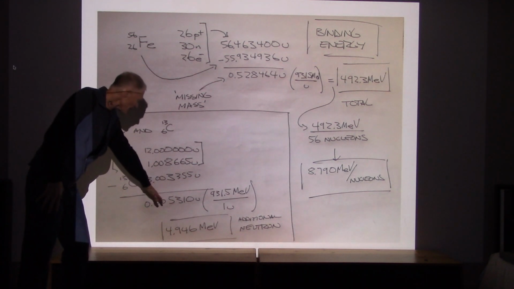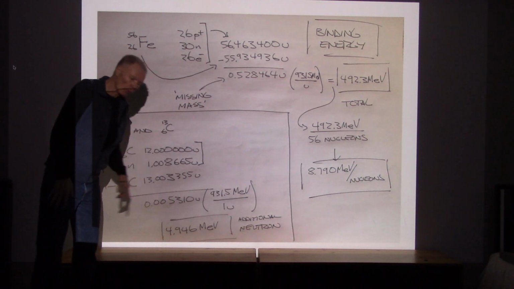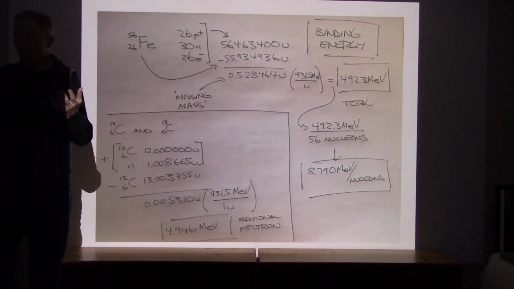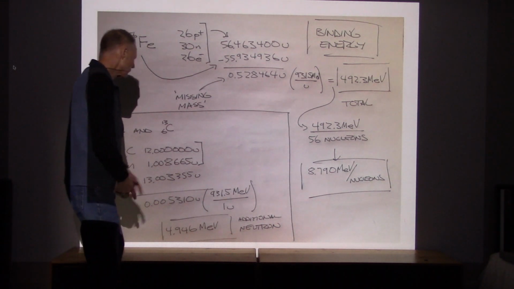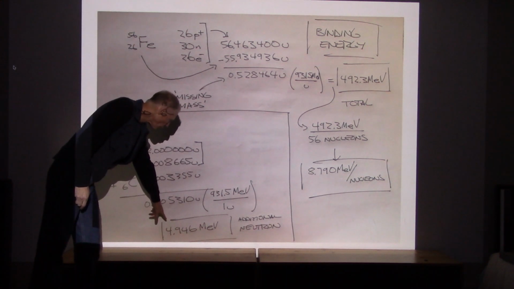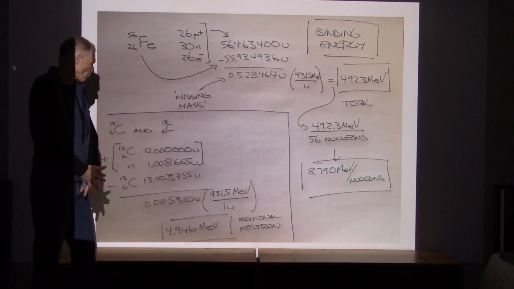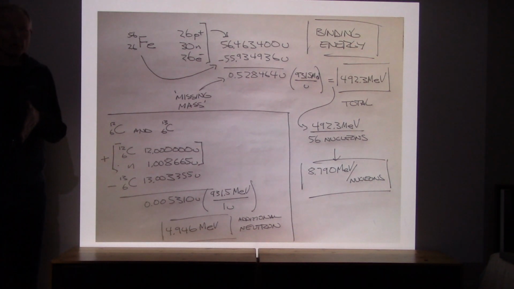The mass has actually gone down by 0.00531 atomic mass units. Well, if the mass has gone down, that's telling me a lot of energy was released when that neutron came in. And we can use our 931.5 conversion. It says that 4.946 MeV of energy was released when the neutron came in.